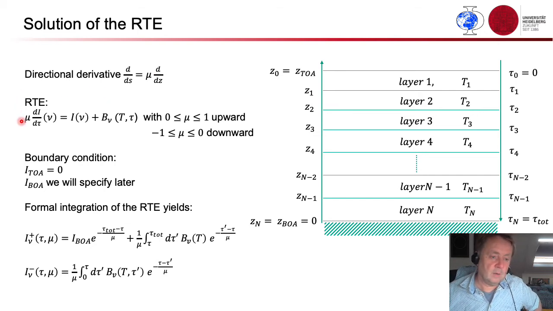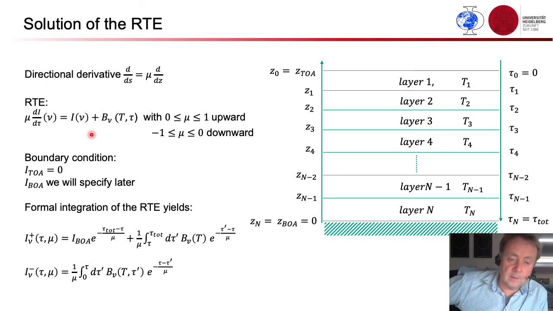So our radiative transfer equation can be written as mu times dI, and now the derivative with respect to optical depth, equals the radiance minus the source function, the Planck source function. And in that equation, the cosine can be positive or negative. Positive values indicate upward streams, negative downward streams.